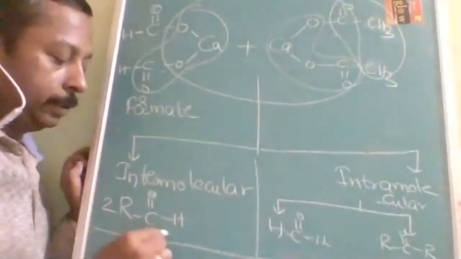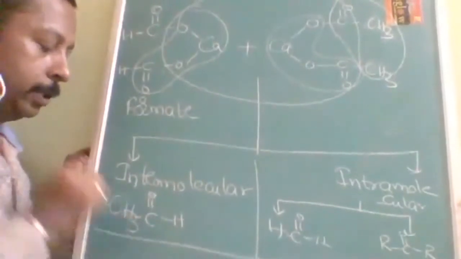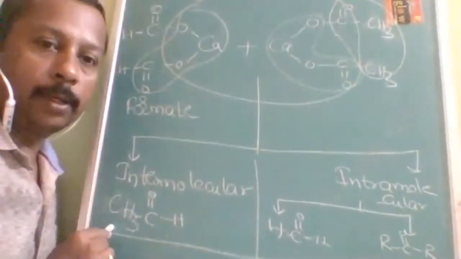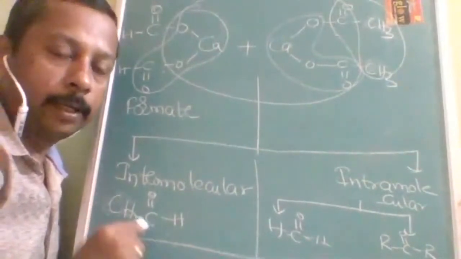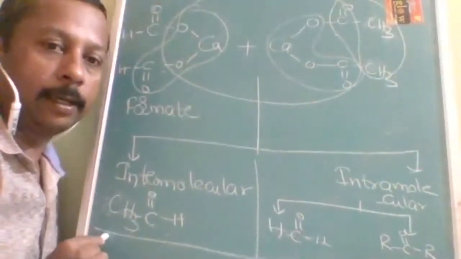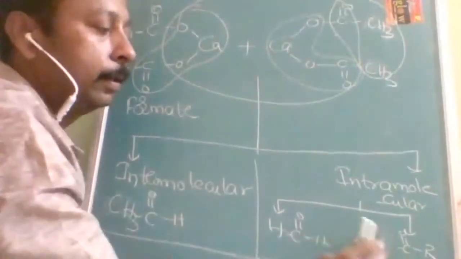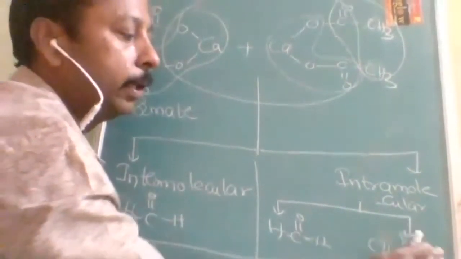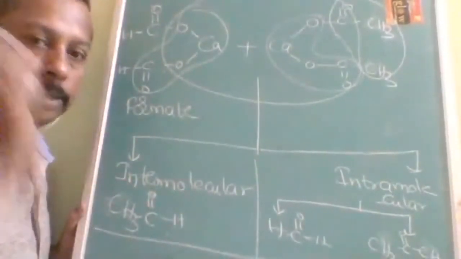First one, here it is going to be CH3CHO. If it is CH3, then the product is acetaldehyde. And here formaldehyde is fixed. And here it is methyl and here also methyl. So it is called acetone.